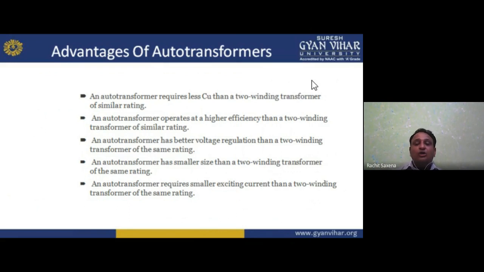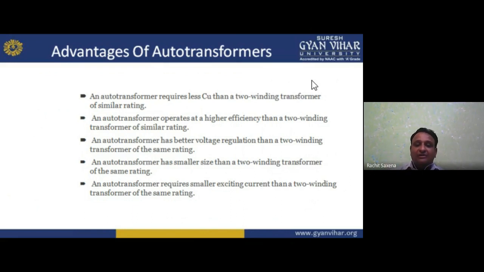Secondly, an auto transformer operates at higher efficiency than a two winding transformer of similar rating. Obviously, my dear student, because losses affect the efficiency. In the auto transformer we have less losses, hence higher efficiency. Thirdly, an auto transformer has better voltage regulation than a two winding transformer of the same rating.